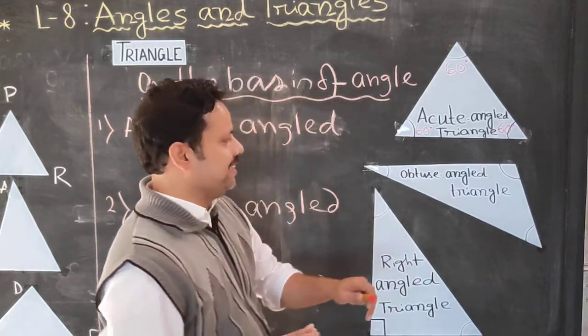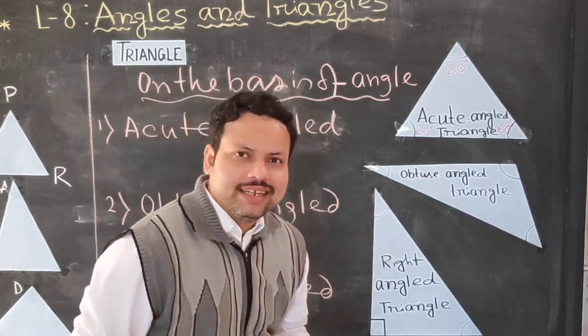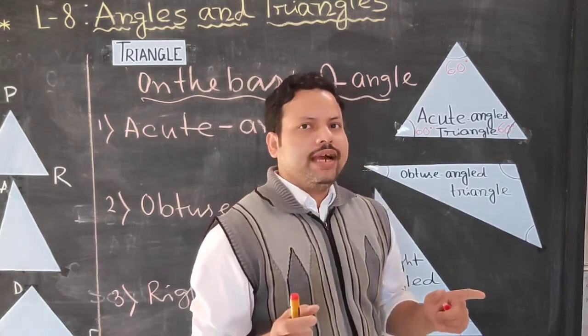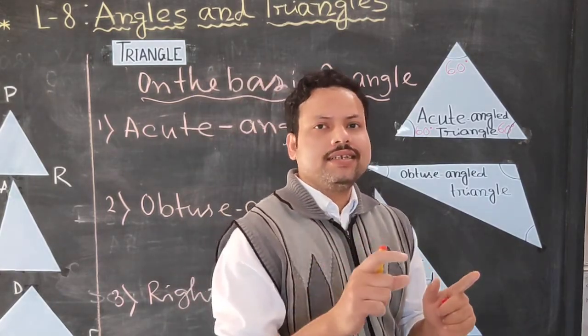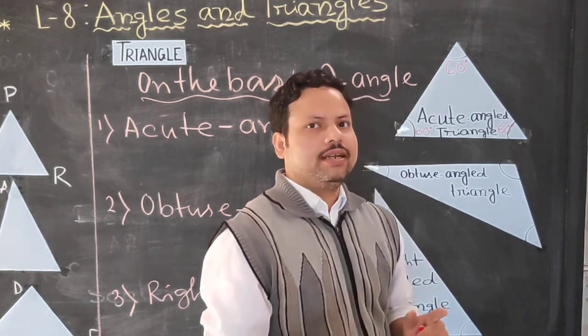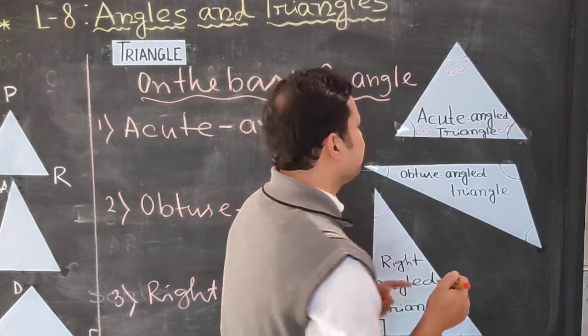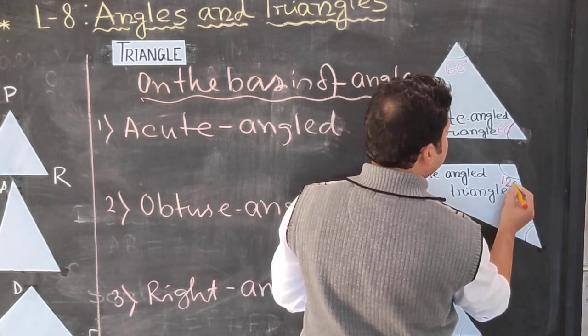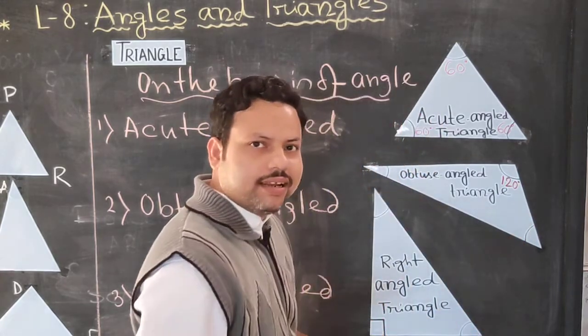Clear? Next one, obtuse angled triangle. An obtuse angle means a value between 90 degrees and 180 degrees. More than 90 degrees, but less than 180 degrees. So this angle is 120 degrees.